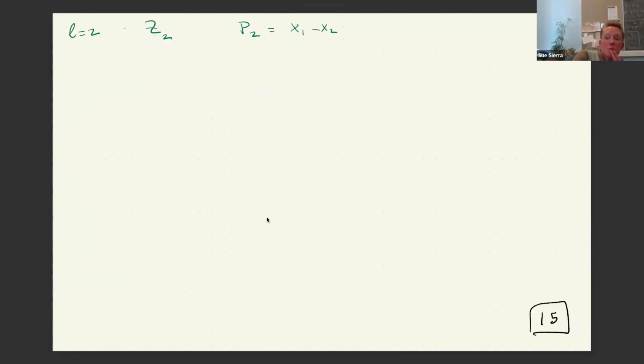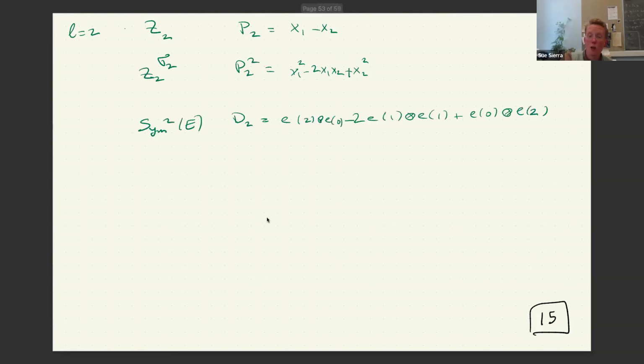So let me show you what happens for just L equals 2, just to get a handle on what these elements look like. The discriminant in this case, in two variables, is just x1 minus x2. To get a symmetric invariant, I need to square it. So I get x1 squared minus 2 x1 x2 plus x2 squared. I now need to move it over to the symmetric stuff inside the tensor square of E. So x1 squared, right?